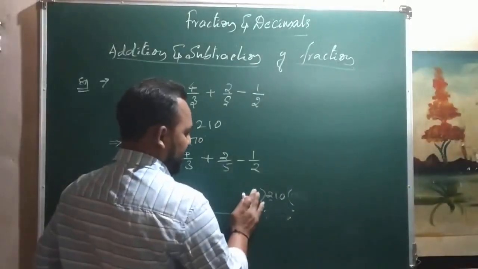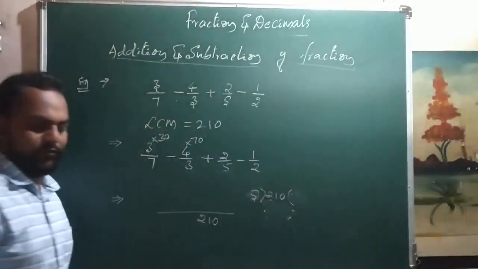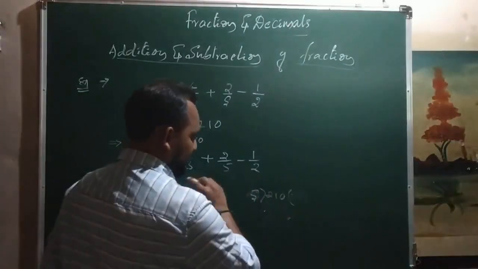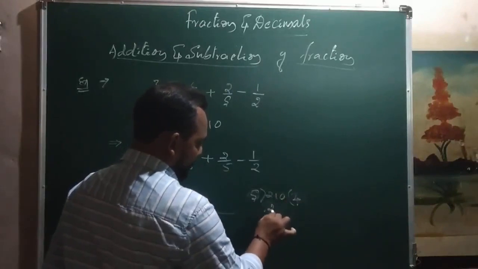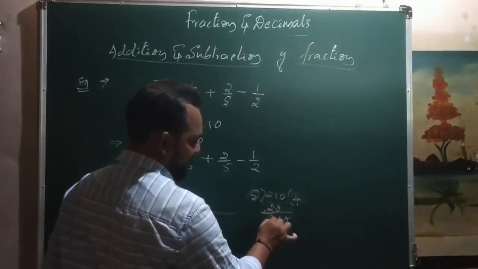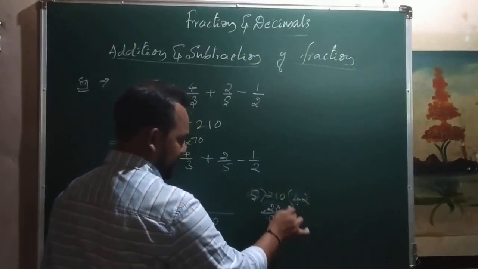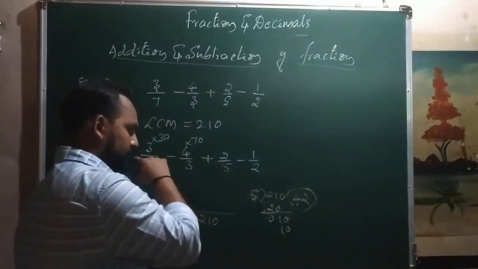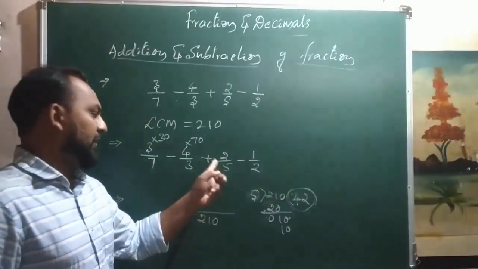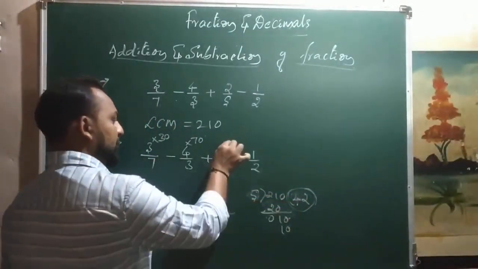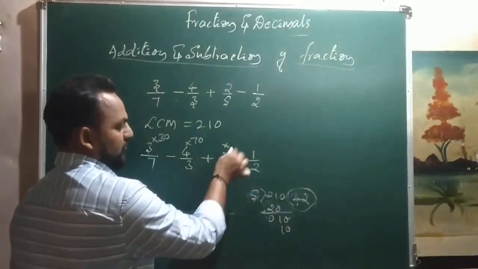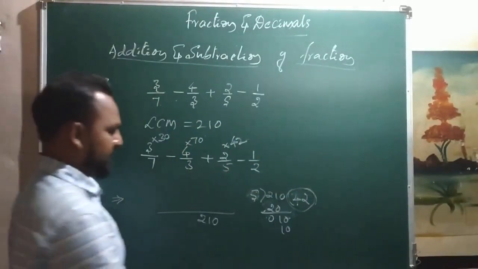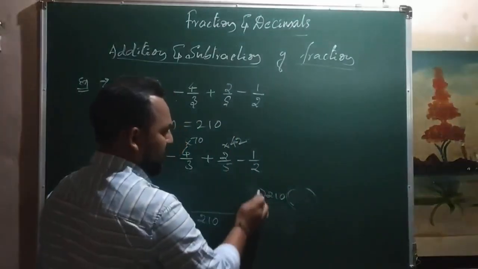Divide the LCM by 5: 5 4s are 20, then 10, 5 2s are 10. When we divide the LCM by 5, the quotient is 42. Then multiply the numerator by the quotient 42.